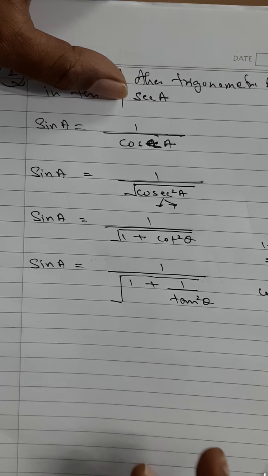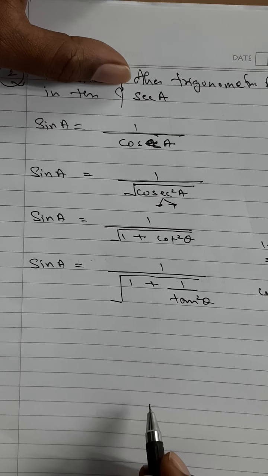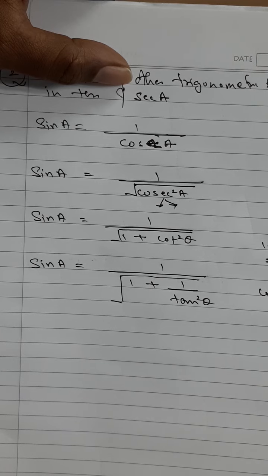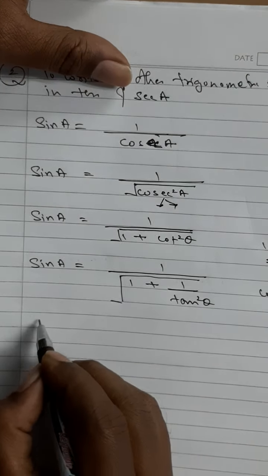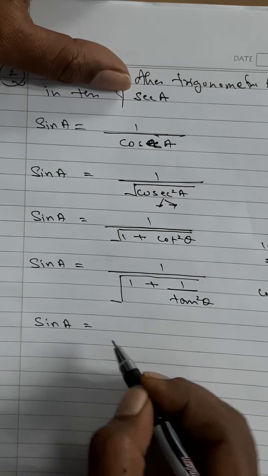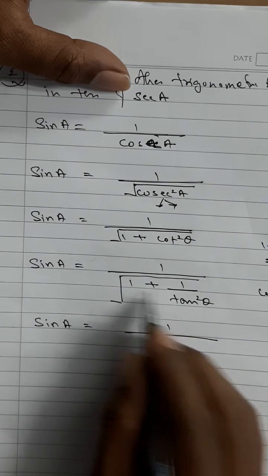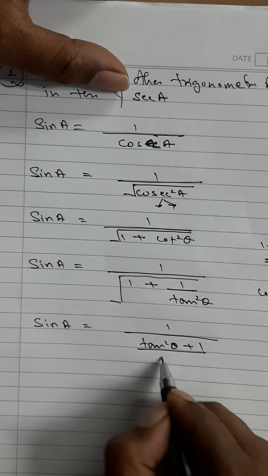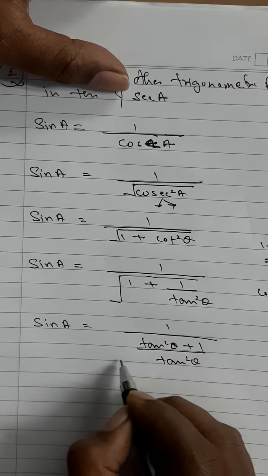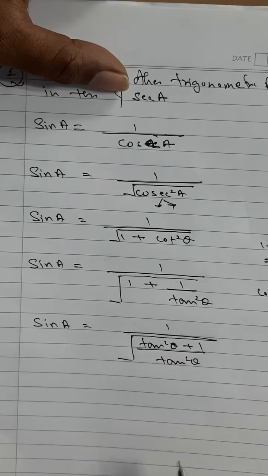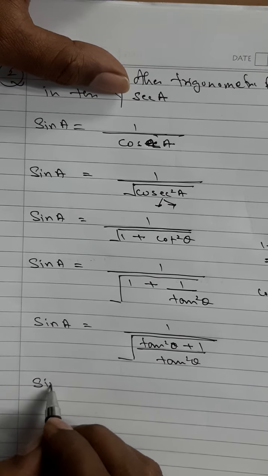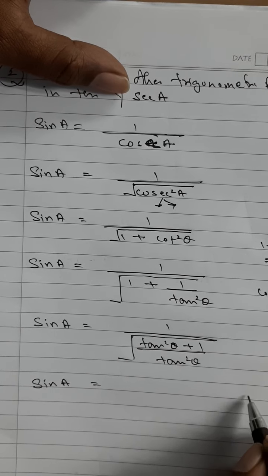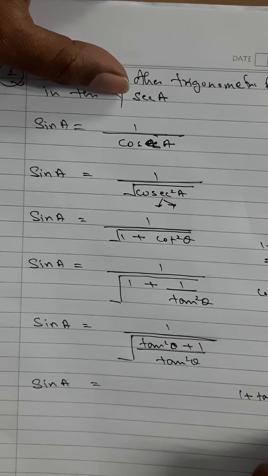Because we have to go to sec, and by identities sec is related to tan: 1 plus tan square theta is equal to sec square theta. So now if I solve this, I will get 1 upon tan square theta plus 1 upon tan square theta. Of course I will require the square of this. Now I will write sine A is equal, now I know 1 plus tan square theta is equal to sec square theta.